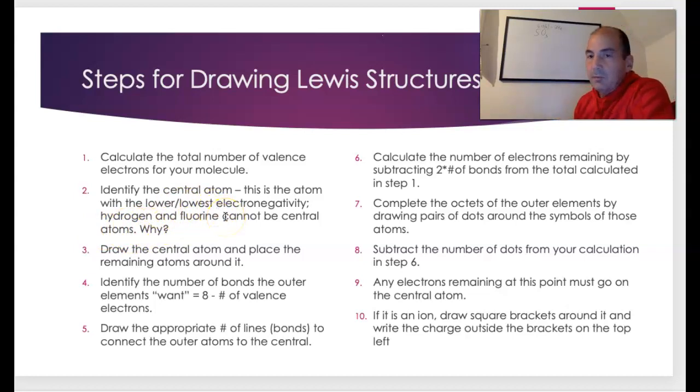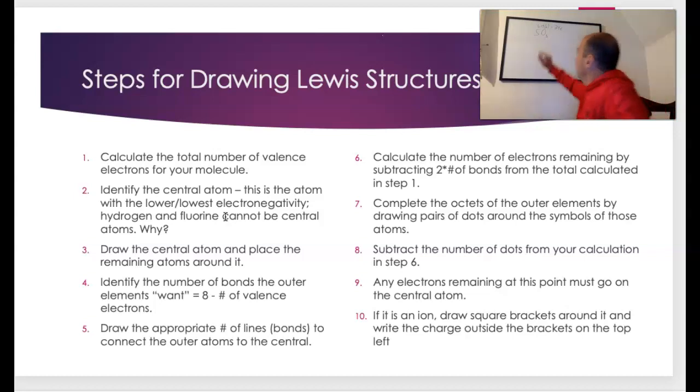Why? Well, to be central implies that you're making more than one bond, and hydrogen and fluorine only will ever make one bond. Hydrogen, because it only has one electron, so it can only make one bond, and fluorine, because it is the strongest element and it has 7, it's never going to give up another electron, so it's only ever going to make one bond. So keep those two in mind.